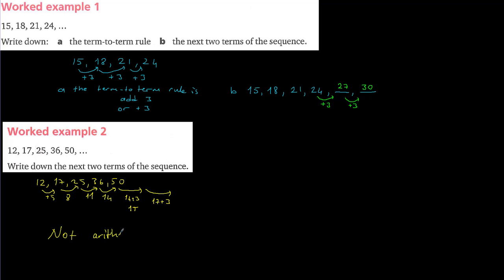arithmetic sequence. This is not an arithmetic sequence because there is no common difference here. So I can guess what the next terms are, but since there is no common difference, I cannot write a term-to-term rule here. 50 plus 17 is going to be equal to 67, and 67 plus 20, 17 plus 3 is equal to 20, is going to be 87.